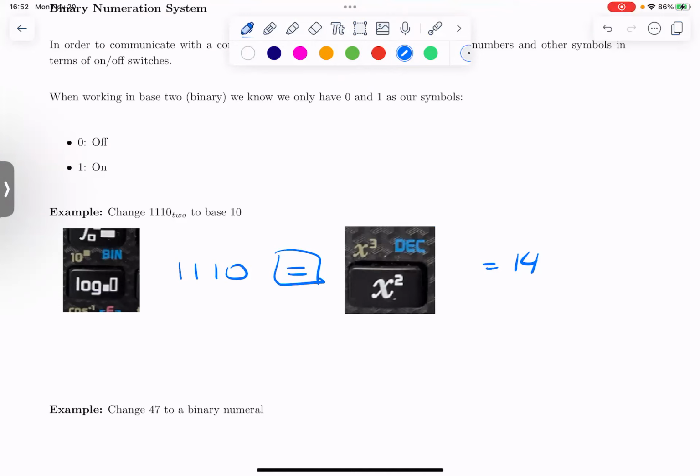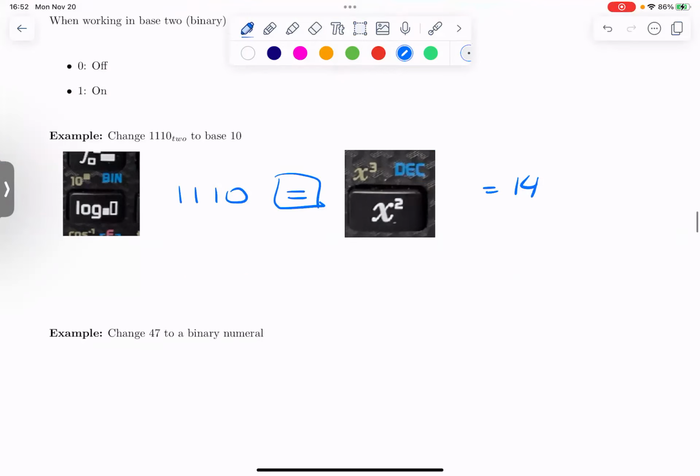Do we only have to know between binary and decimal? We have to know octal as well. Yeah, and hexadecimal. So 10 to 8 and 16. That's what we need to know.